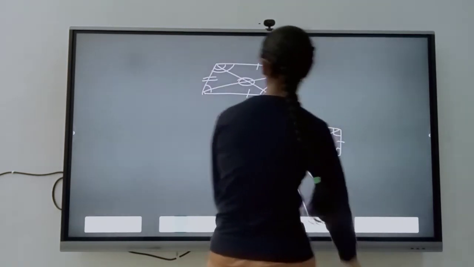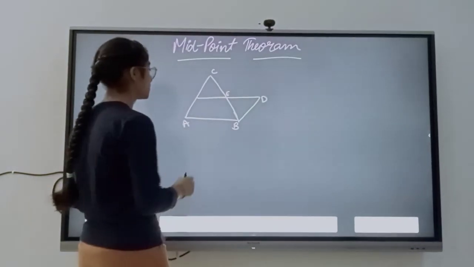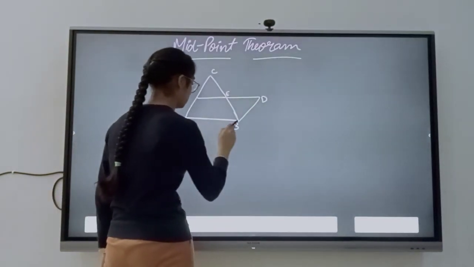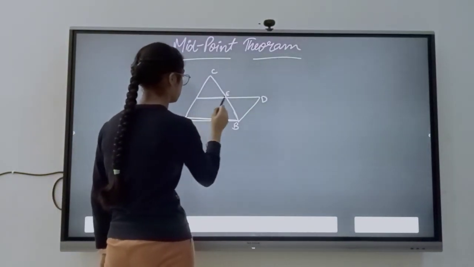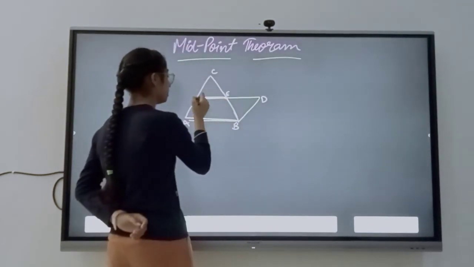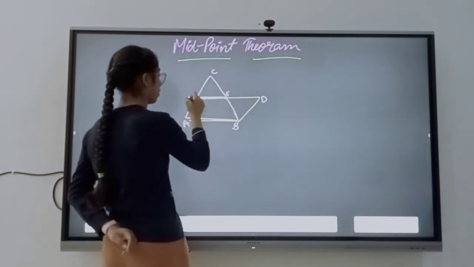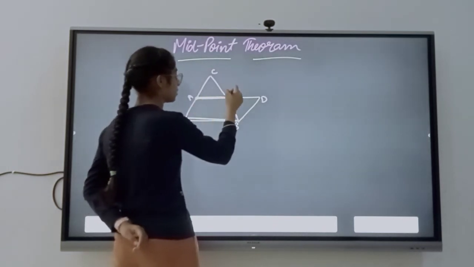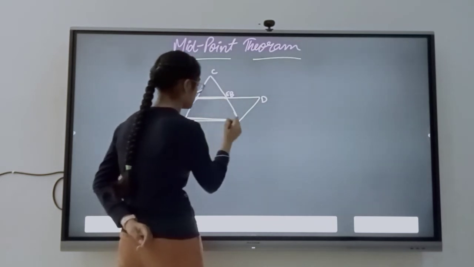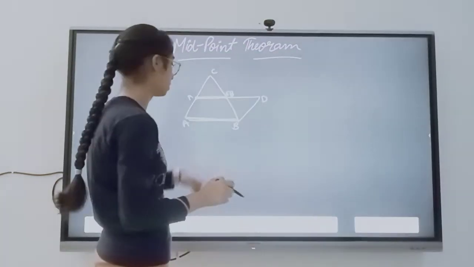Now let's talk about the midpoint theorem. This theorem states that if a line is joined to the midpoints of two adjacent sides of a triangle, then it is parallel to the third side and it is half of the third side.